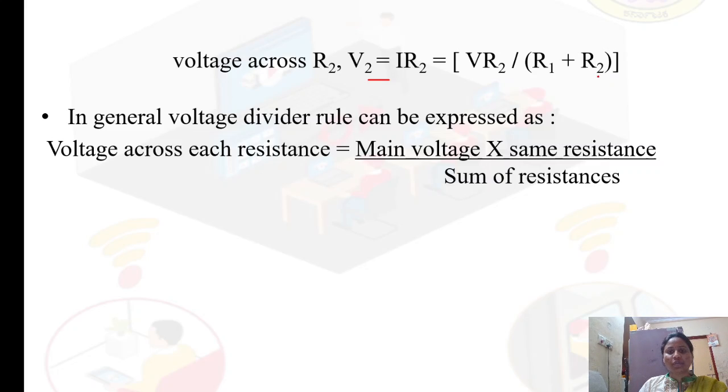We can express the voltage divider rule as follows: voltage across any resistance can be calculated as the main voltage into the same resistance, that is, the one where we are calculating the voltage drop, divided by the sum of the resistances. I repeat, voltage across any resistance can be calculated as main voltage into the same resistance by the sum of the resistances.